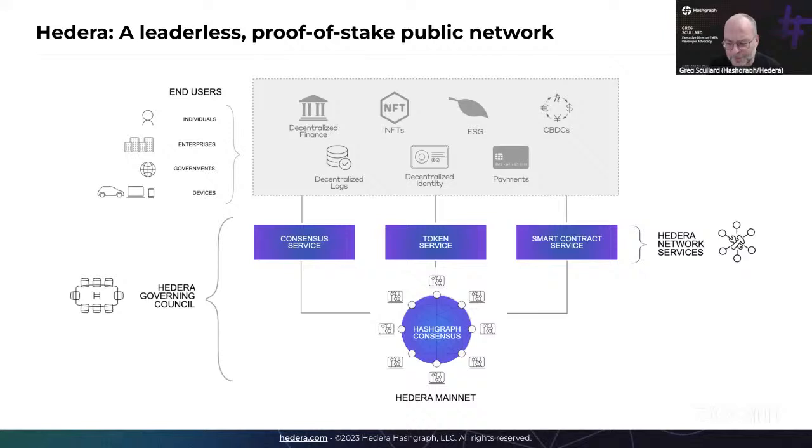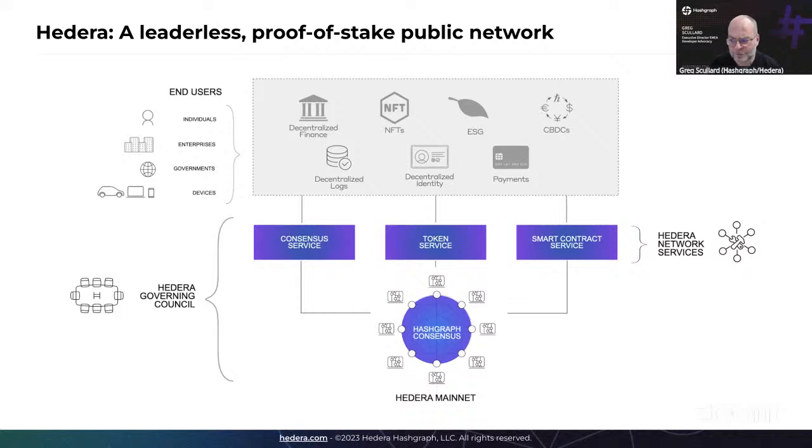Those governing council members are also distributed around the world, so we have geographic distribution, and they are term limited. So we call this time-based decentralization, whereby the governing council today will look very different in 3 or 4 years from now, with a rotation of council members.